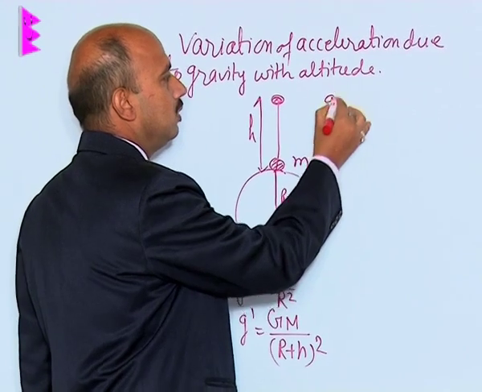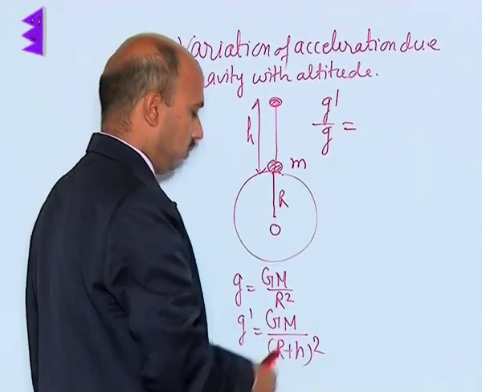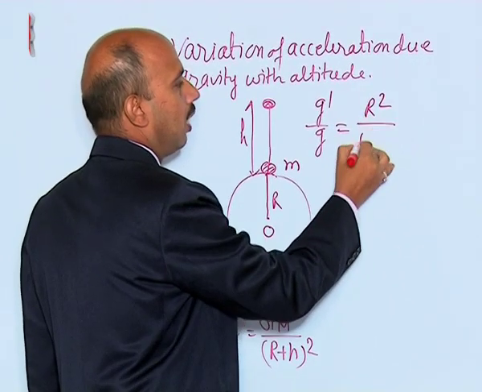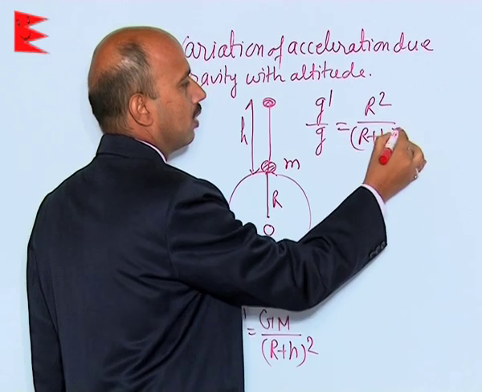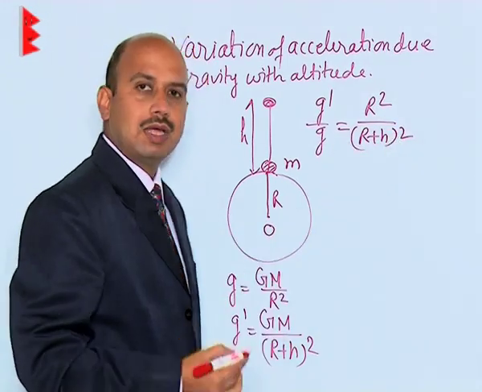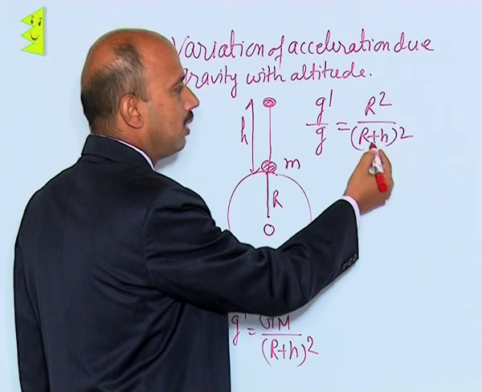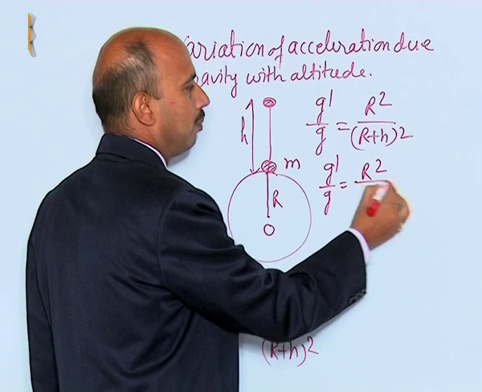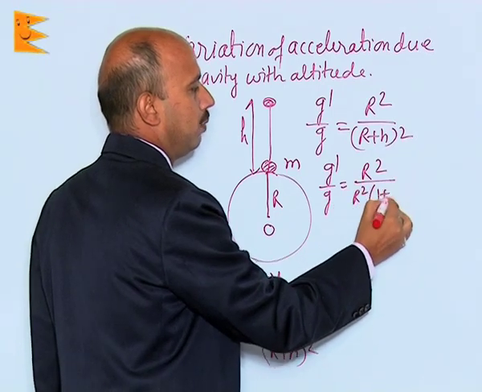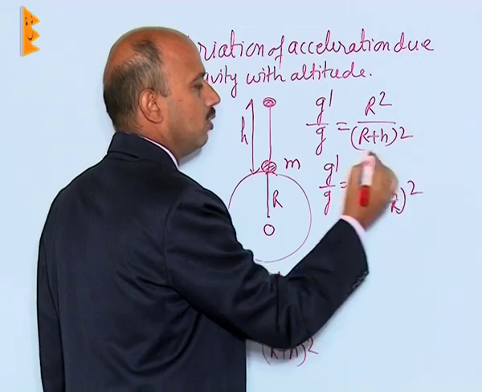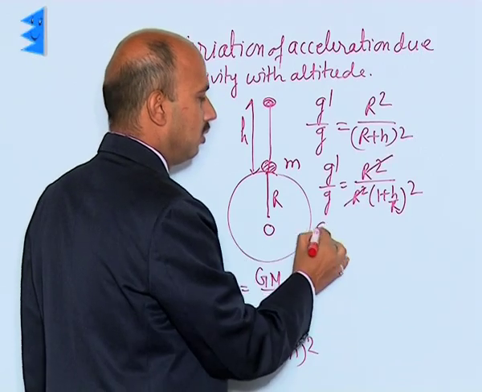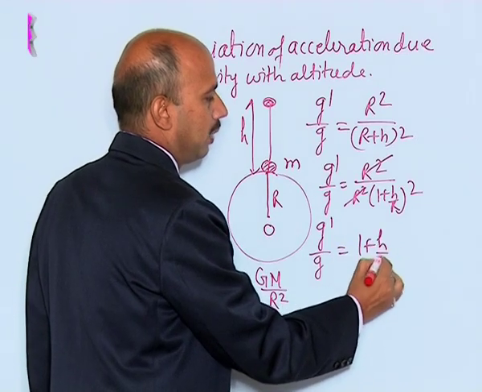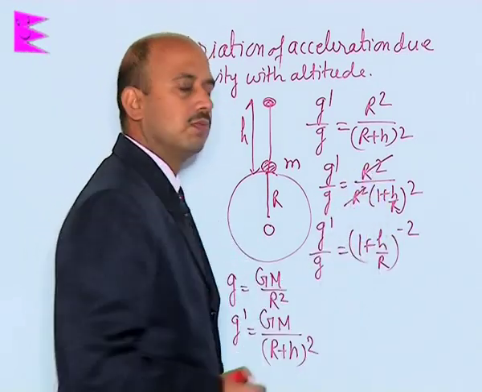We can write g dash upon g is equal to r square upon r plus h whole square, because GM and GM are common and will get cancelled. Now we can take r common in the denominator, and you will get r square upon r square into 1 plus h by r whole square. This will get cancelled. So g dash upon g is equal to 1 plus h by r raised to power minus 2.